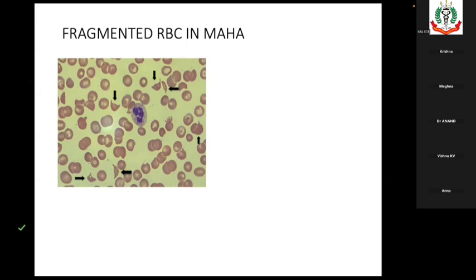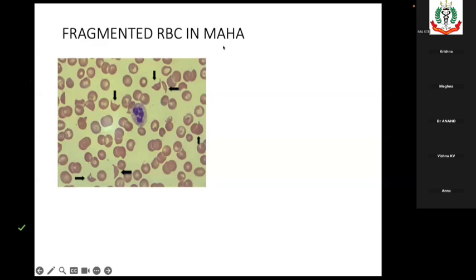So for you undergraduates, always learn these three entities. Microangiopathic hemolytic anemia is seen in HUS, TTP, and also in DIC. DIC is a very common, very serious clinical condition which can even be fatal without a prompt diagnosis and proper management.